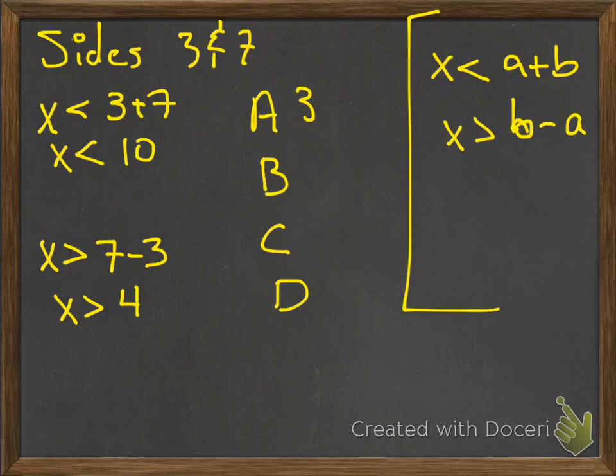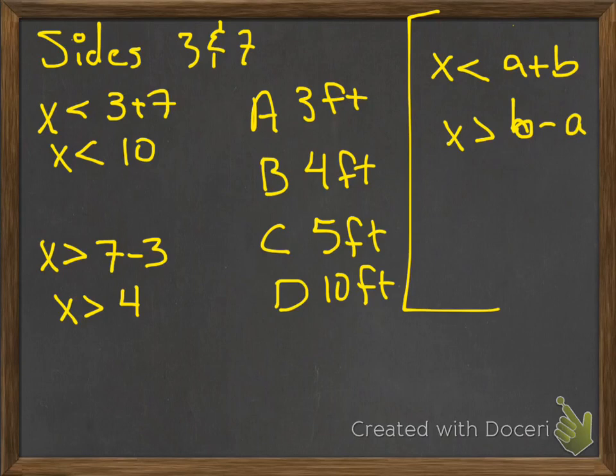If I gave you multiple choice, 3 feet, 4 feet, 5 feet, 10 feet, which of these sides could possibly make a triangle with 3 and 7? 3 can't, because that would be lower than the 4. 10 can't, because that would be equal to, but it's got to be less than. 4 can't, because it has to be greater than 4. So the only one that works is 5.